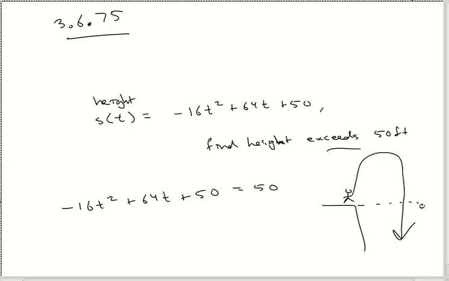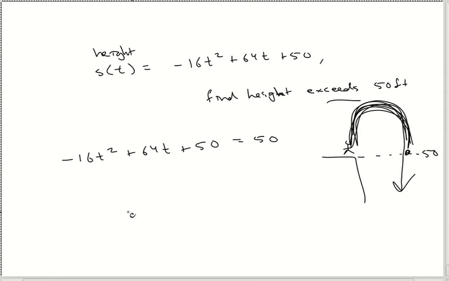And so for some time, we're exceeding, we're above this starting line of 50. So this in-between stuff. Where does it end? What time is it? Not how high, but when in time, like 1 second, 2 seconds, 3 seconds, 4 seconds, 5 seconds, 6 seconds. Something kind of like that. How long does it take for it to fall down?